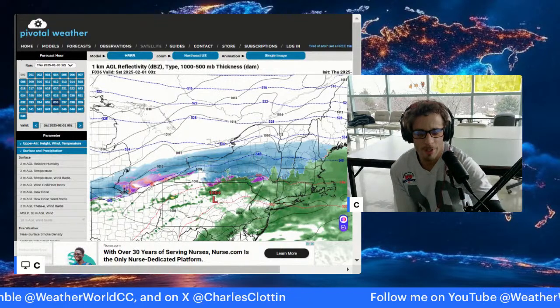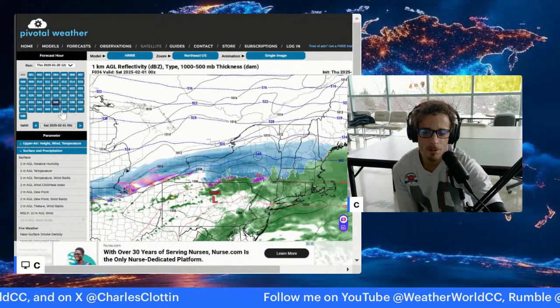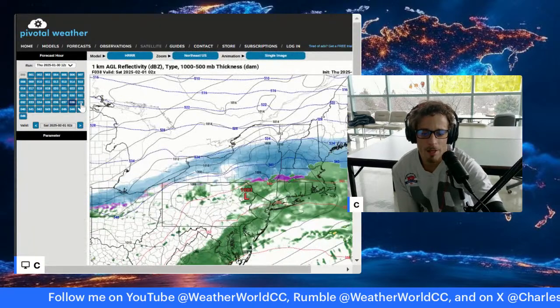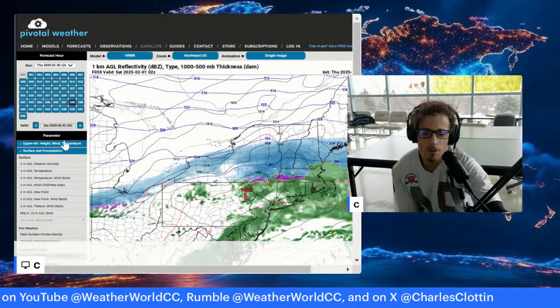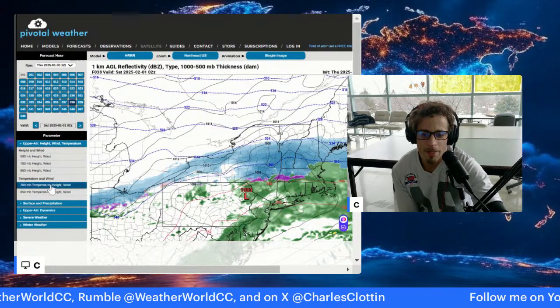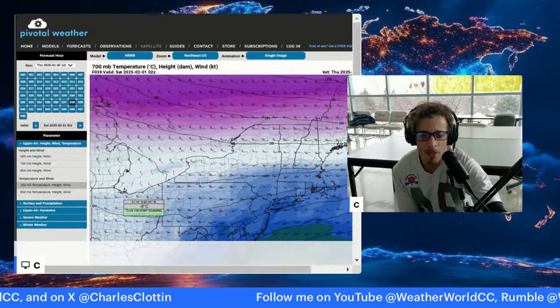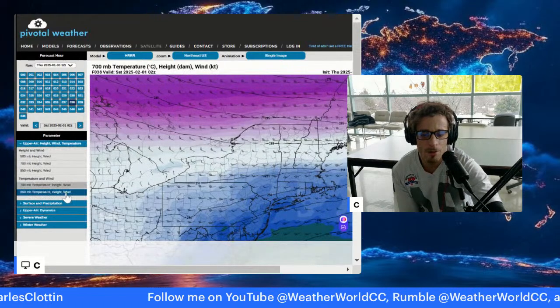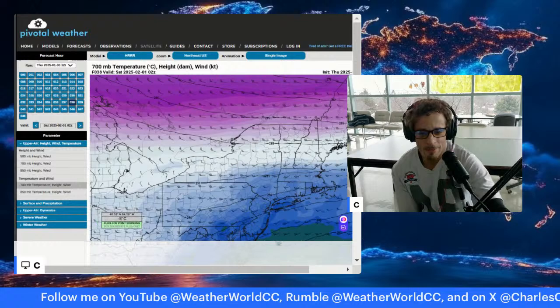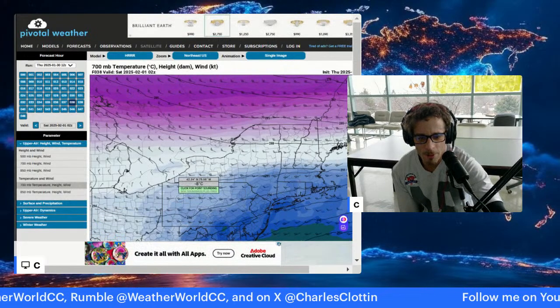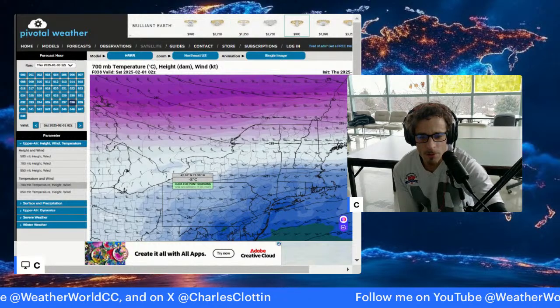I don't think there'll be much stationary banding. If anything, it's probably going to occur in this region slightly here.